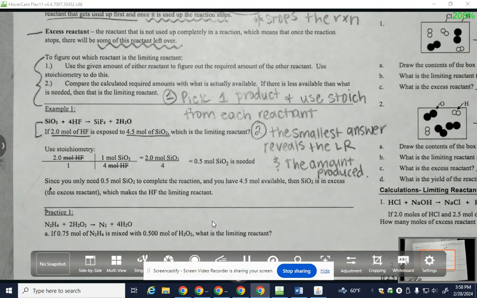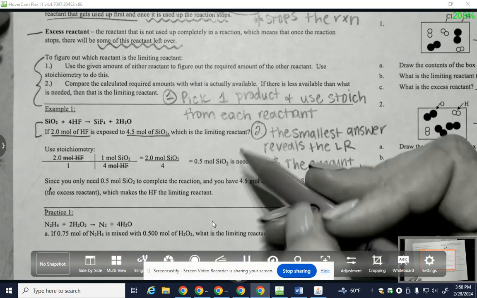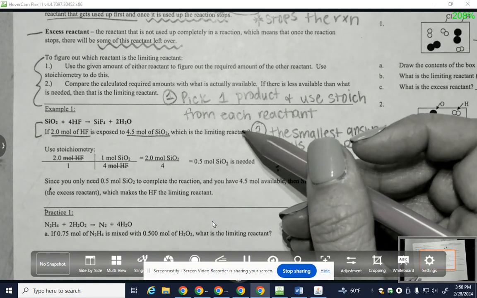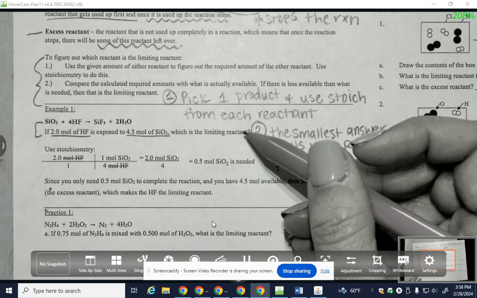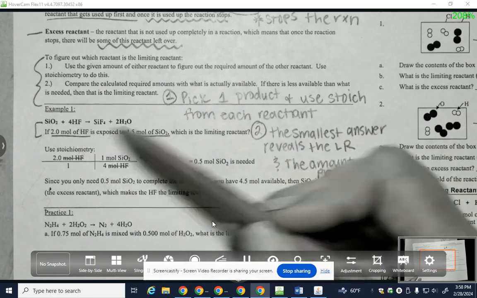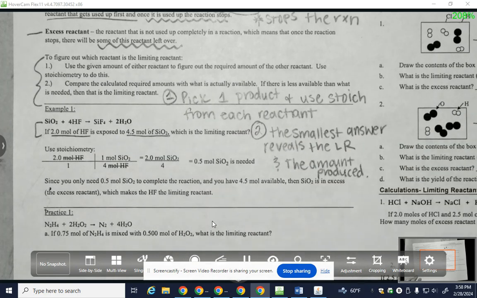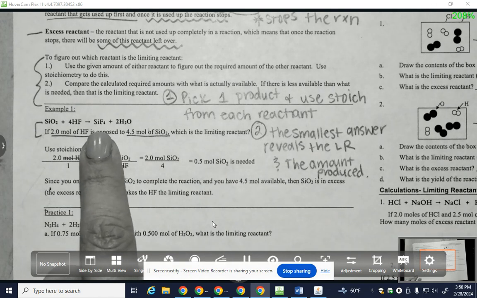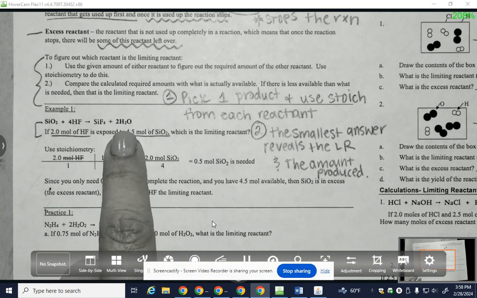Notice I had to underline 2 things. And then it's asking what is the limiting reactant? So much for the circles and the underlines. When you see that and you know it has to do with limiting reactants, or if it says how much product is created, that's a limiting reactant because you have 2 things that you had to underline. So what this is going to look like, we're going to pick one product. Do you want to do silicon tetrafluoride or dihydrogen monoxide?